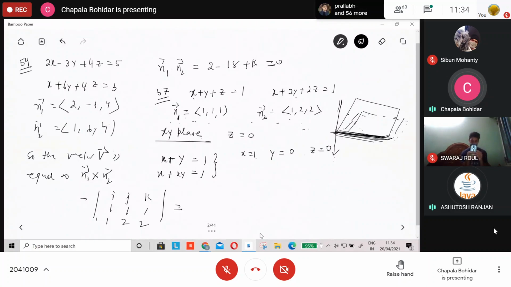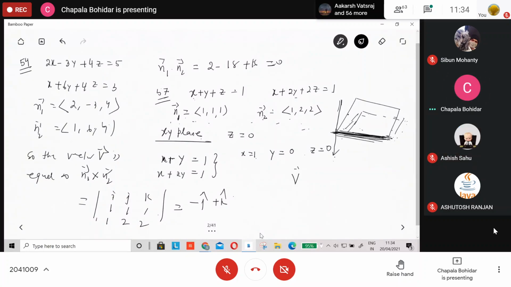So we get V equal to minus j cap plus k cap. Okay, so the components of the vector V are 0, -1, 1.